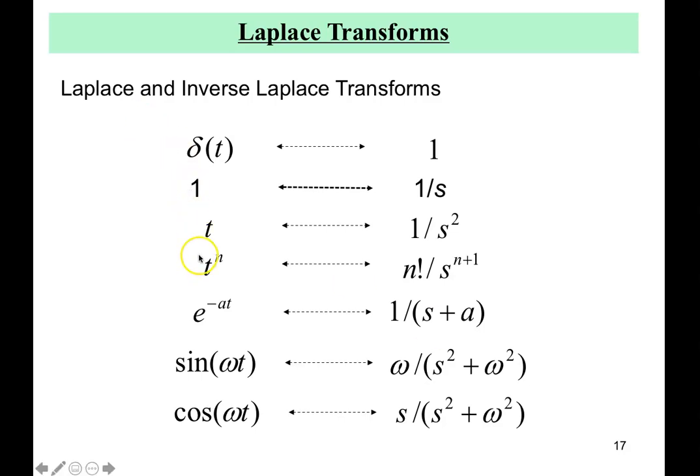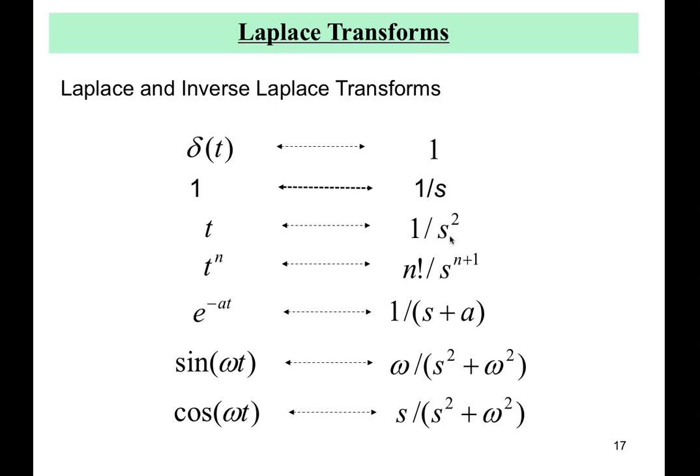The Laplace transform of 1 is 1 over s, and the Laplace transform of t is 1 over s squared, so the Laplace transform of 1 plus t would be 1 over s plus 1 over s squared. So if you add signals in the time domain, you can also add their Laplace transforms together.